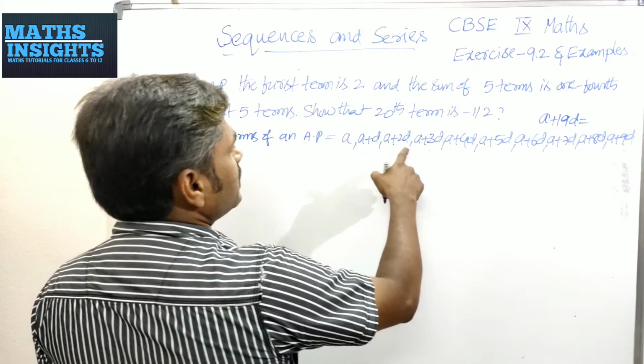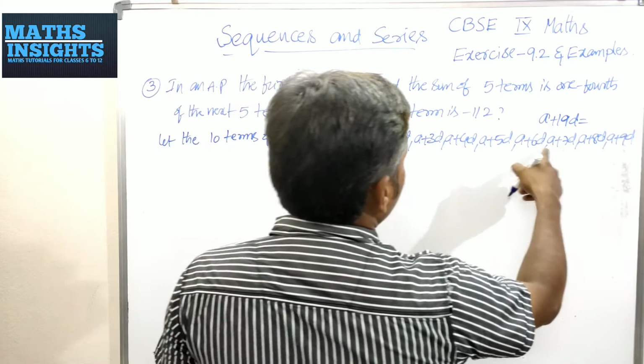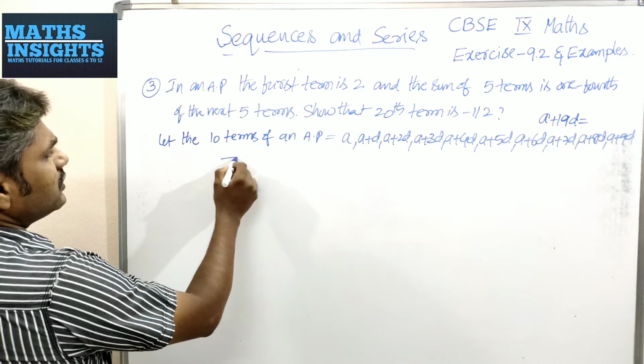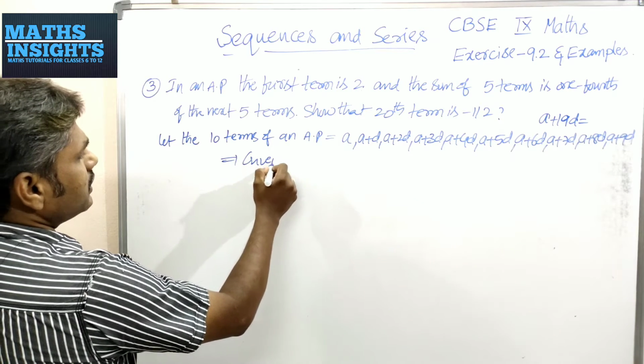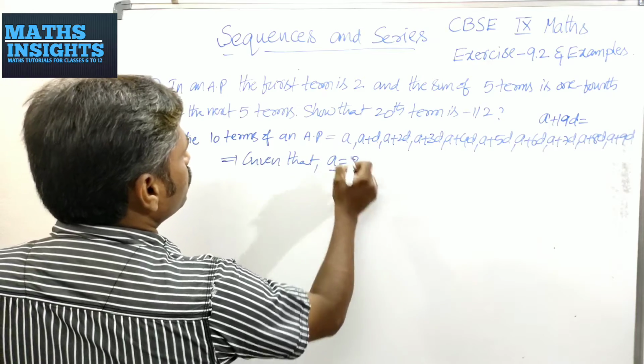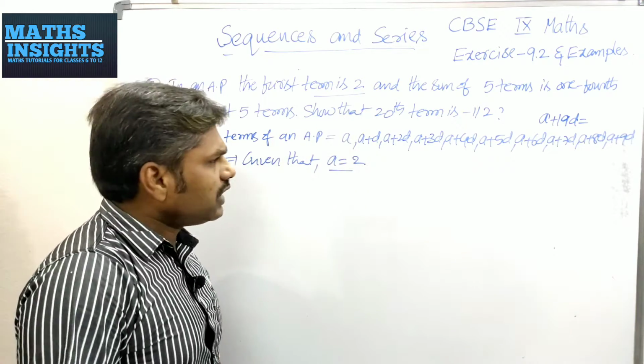See, 1 2 3 4 5 6 7 8 9 10. The first term a is equal to 2, they have given you, right?